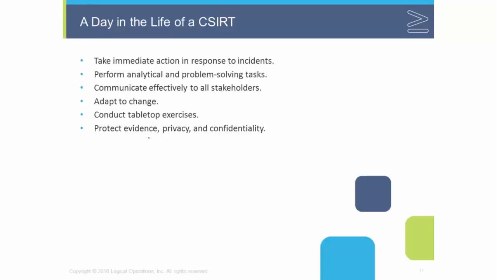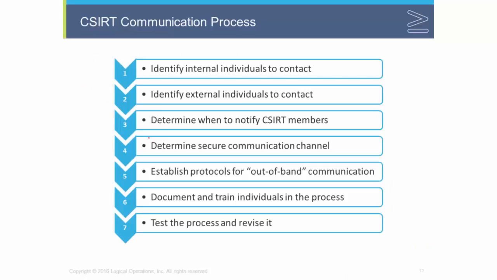And so it's very important that the CSIRT team members be properly trained to handle the evidence so it's not damaged, and also to ensure that they don't accidentally expose or compromise sensitive information during their investigations. And so we're going to make sure that we protect the privacy, the confidentiality of our information, as well as ensuring that evidence is protected.